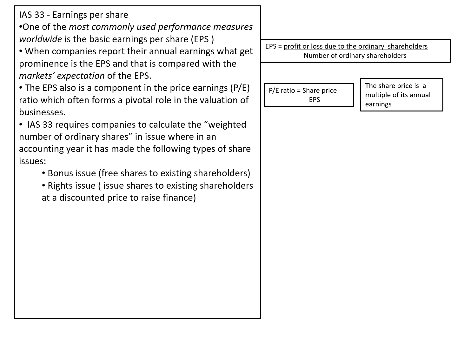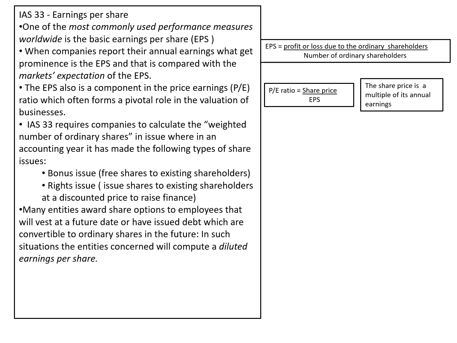Rights issues to existing shareholders at a discounted price to raise finance. Many companies also now award share options to employees that will vest at a future date, or have issued debt which is convertible to ordinary shares in the future.